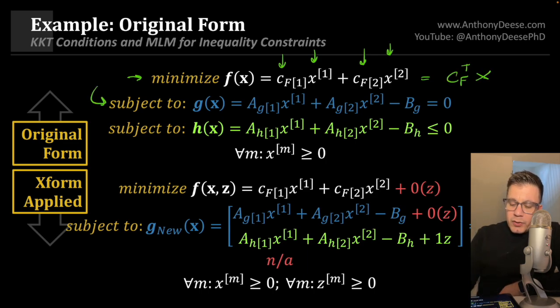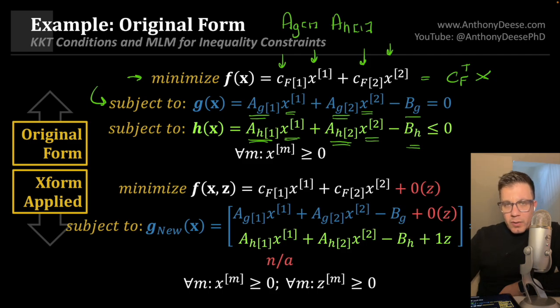It's subject to an equality constraint AG1 times x1, AG2 times x2 minus BG. H of x is equal to AH1 x1, AH2 x2 minus BH. Now, these are all just scalar values.